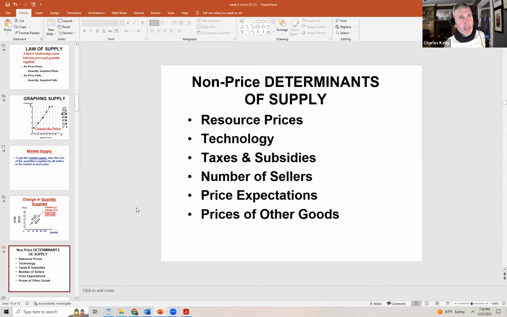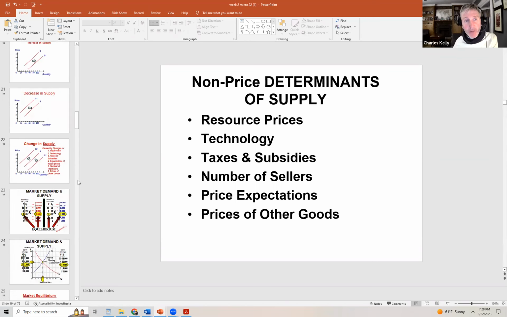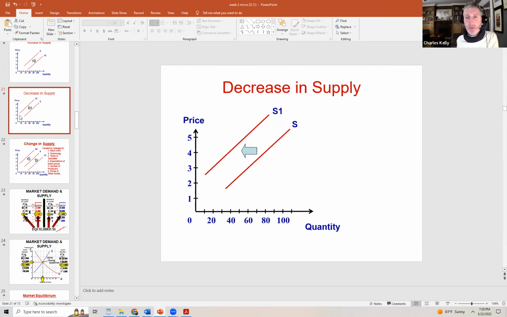So resources, inputs, factors of production are the necessary land, capital, and labor that producers need to produce goods and services. If there's an increase in the price of these resources, that is to say, producers have to pay more for them, there will be a decrease in supply. Now be careful here because it looks like the supply curve moved up, but any leftward shift, whether it's demand or supply, is always a decrease.